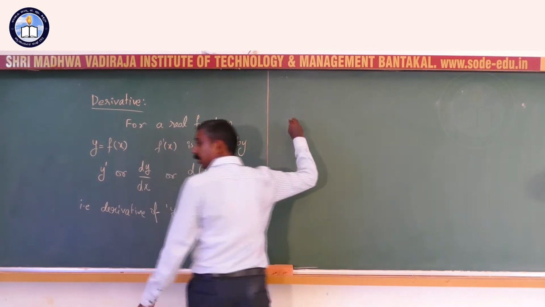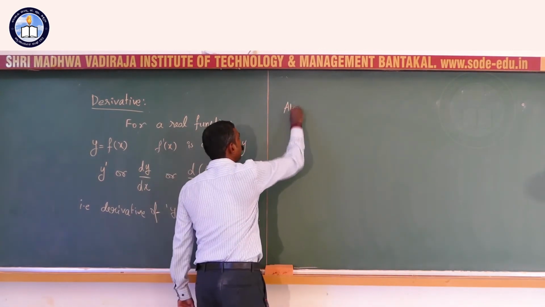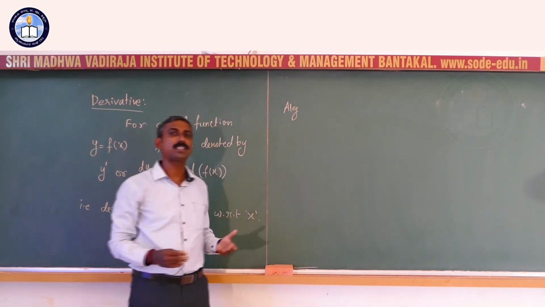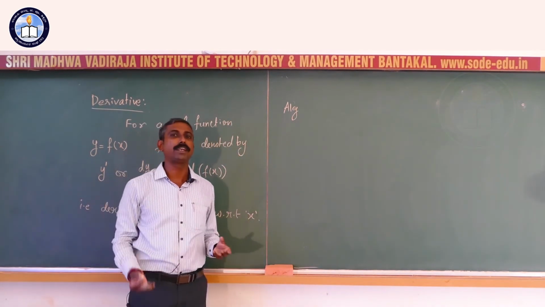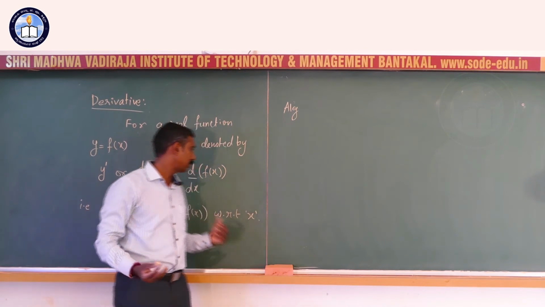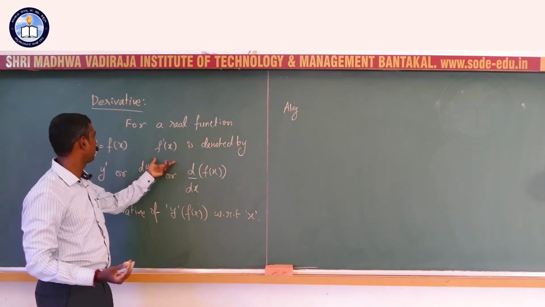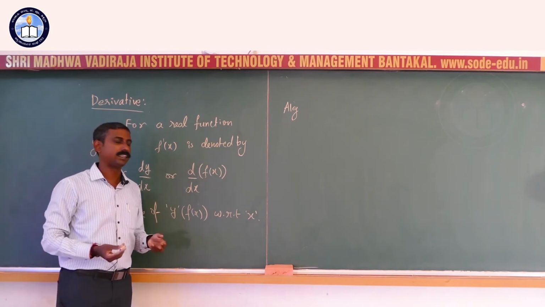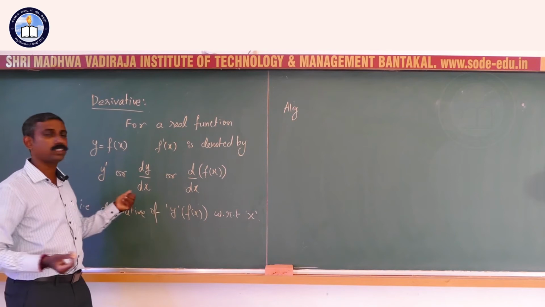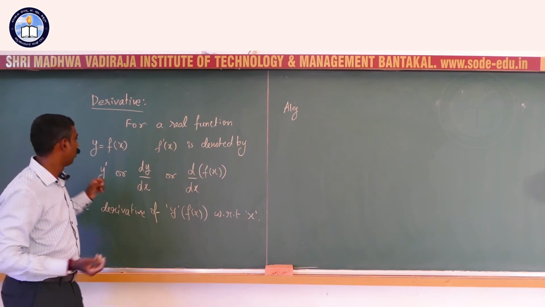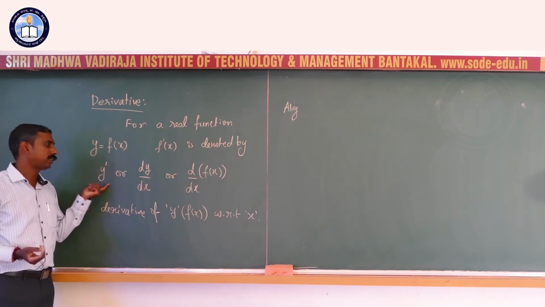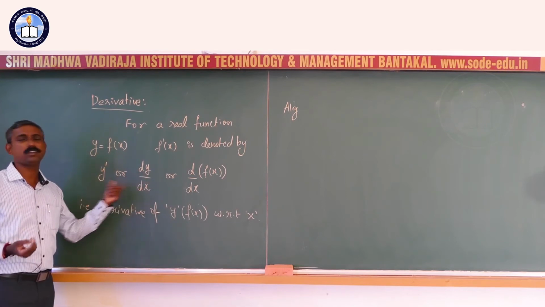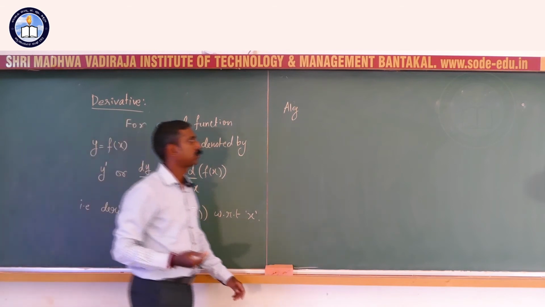Reason is, in algebra of derivatives, some expressions will be a bit complicated. Rather than writing f dash of x or f dash of x into g dash of x, etc., it is easy to write y dash, u dash, etc. So when we say y dash, it is nothing but dy by dx, rate of change of y with respect to x.